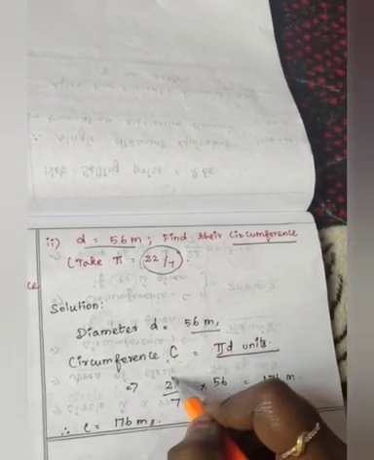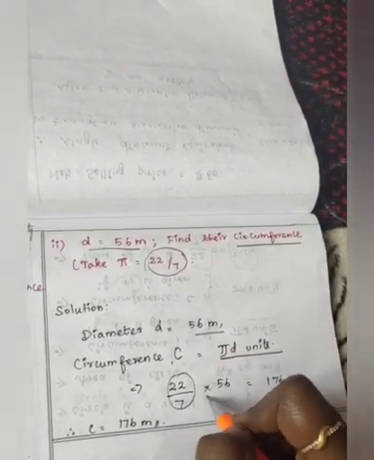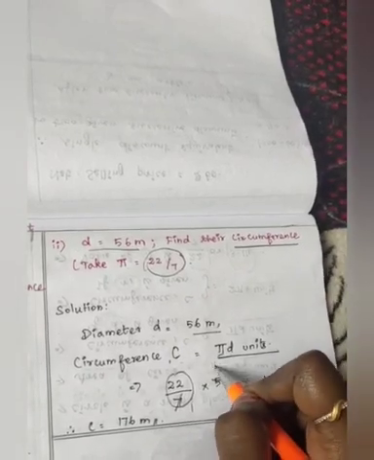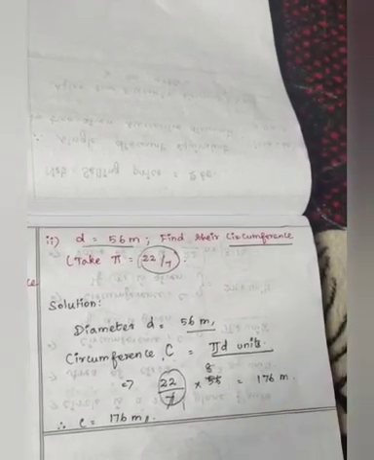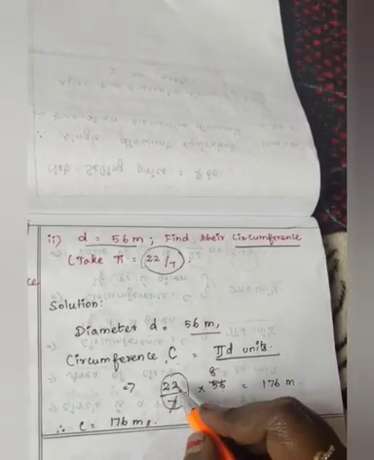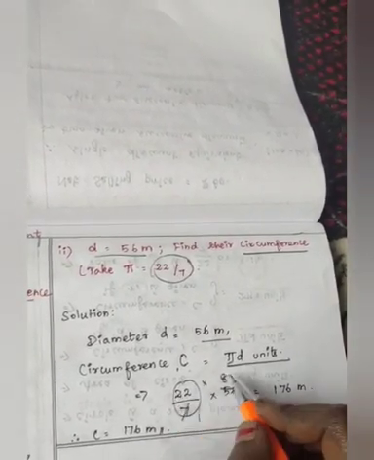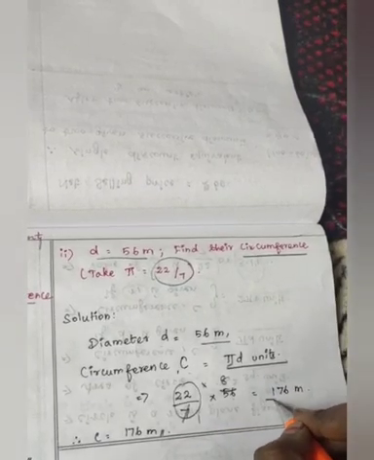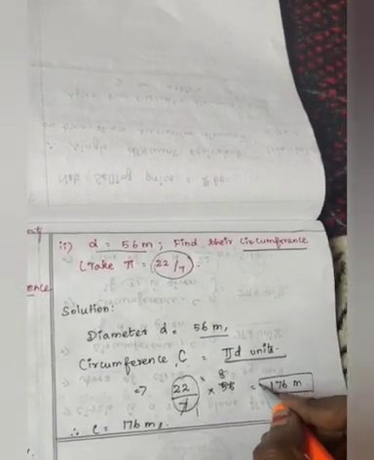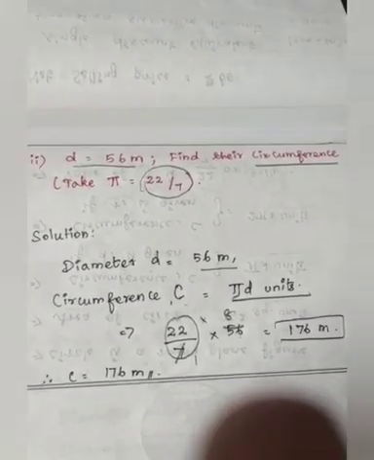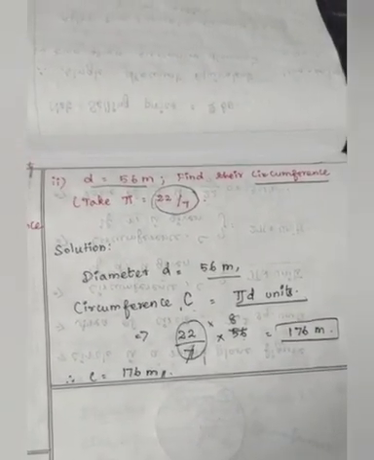Replace the value of pi with 22 by 7 into the D value 56. Seven one time, 56 is 8 times. Remaining 22 into 8, we multiply these two terms and get 176 meter. Therefore the circumference of the circle is 176 meter. Got it?